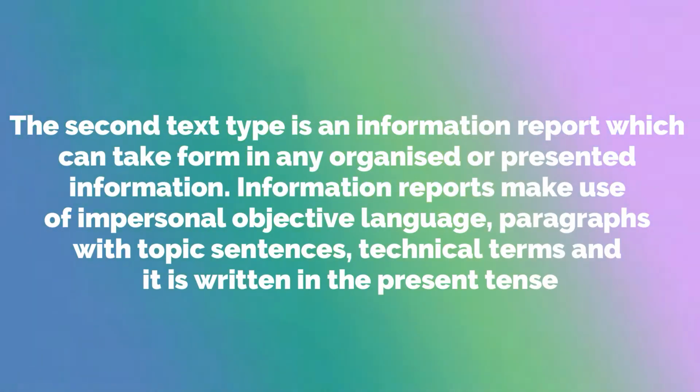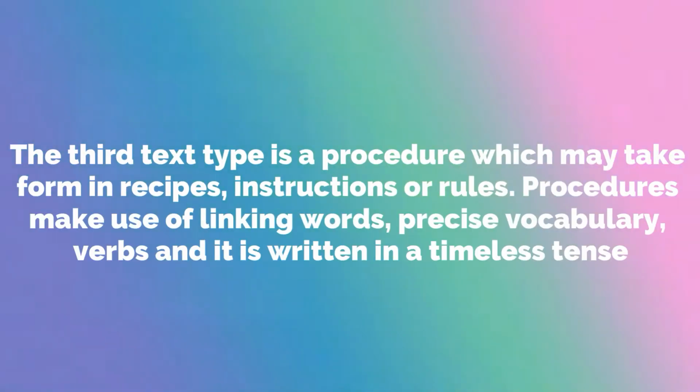The second text type is an information report, which can take form in any organized or presented information. Information reports make use of impersonal objective language, paragraphs with topic sentences, technical terms, and it is written in the present tense. The third text type is a procedure, which may take form in recipes, instructions, or rules.